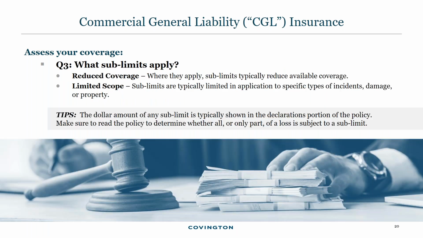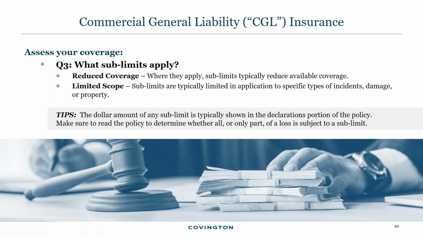Question 3, what sublimits apply? Well, if we have a limit, what is a sublimit? A sublimit exists to reduce coverage for a particular type of event or a particular situation. Fortunately, however, they are typically of limited scope. So where a sublimit applies, your limit is going to be lower.